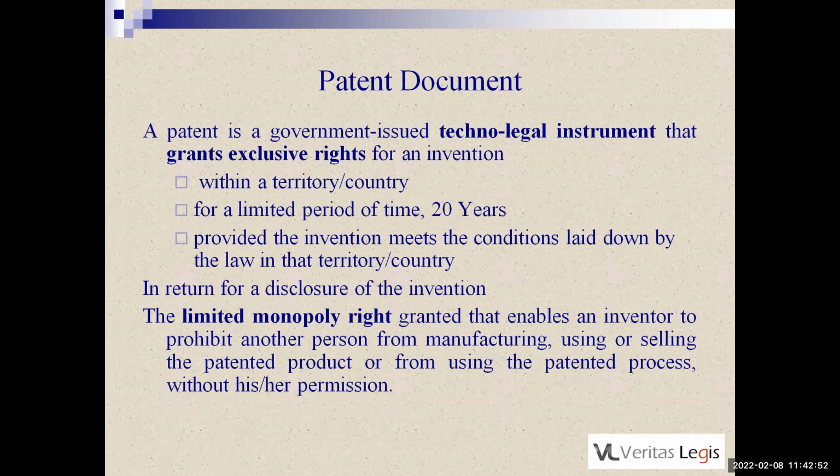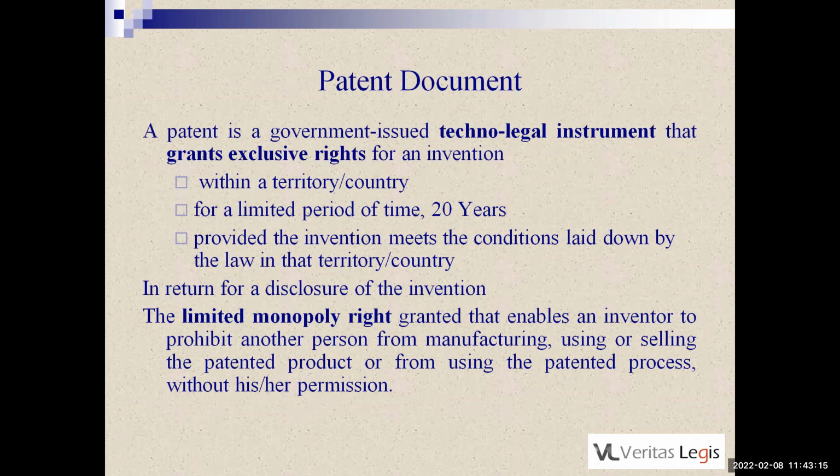In India, it is for 20 years, given to the patentee, that is, the inventor and applicant, in exchange for full disclosure of the invention, and within a territory. Suppose I have filed the invention in India, so I will get the right in India.